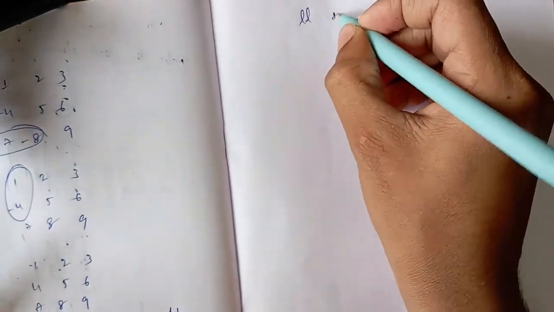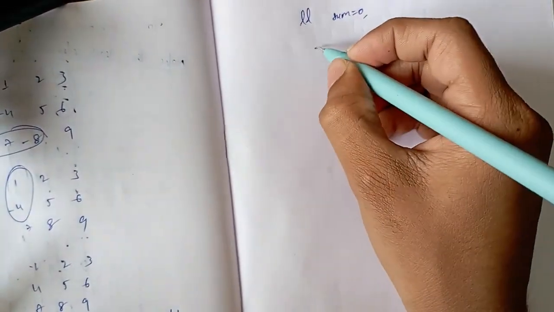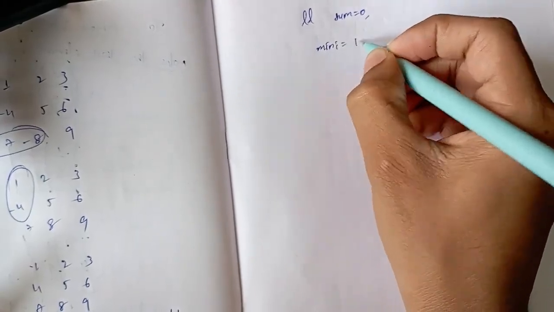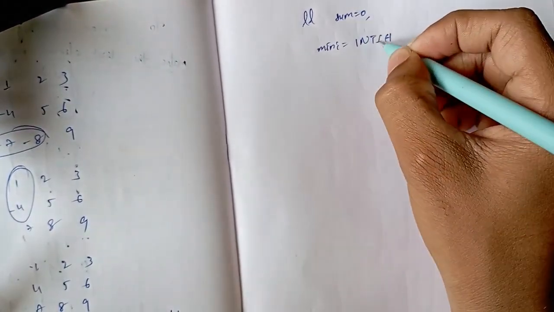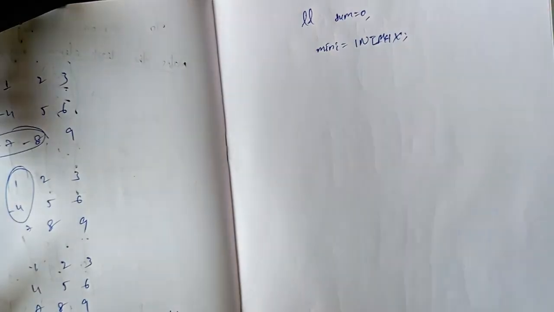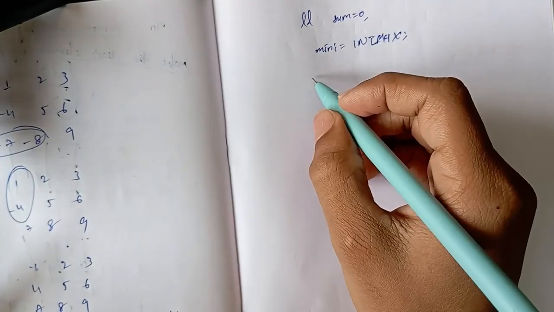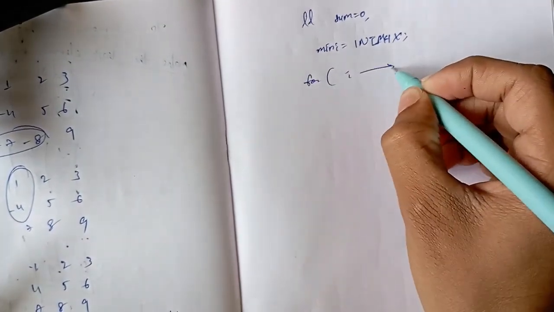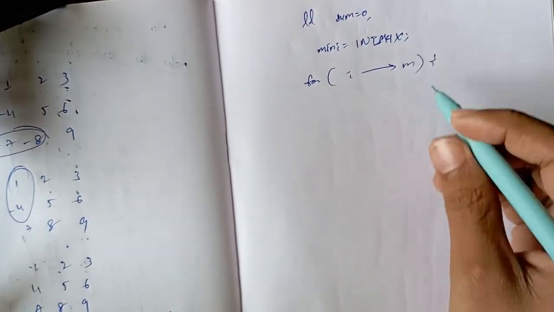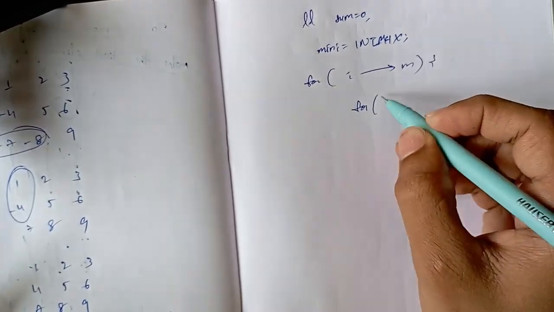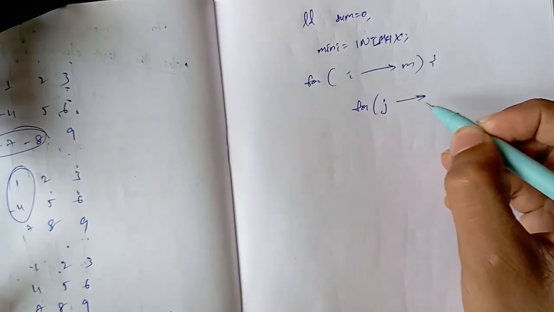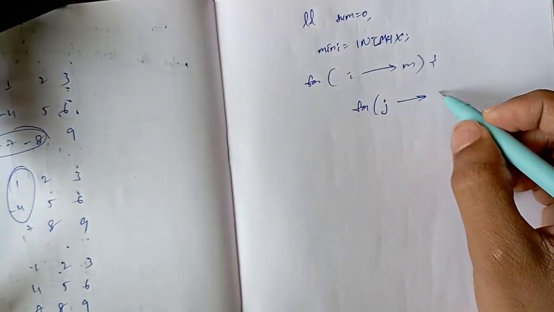So just initialize a long sum as 0 and the minimum element as the maximum range of the integer, and we need to run a loop with i from 0 to m for rows and j from 0 to n for columns.